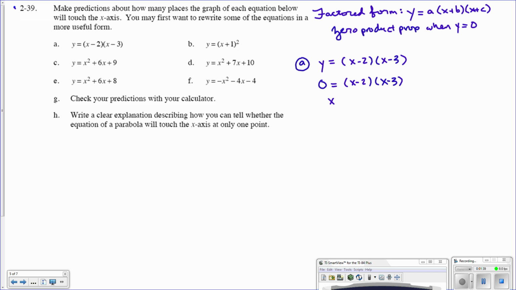We would say that x minus 2 equals 0, and x minus 3 equals 0. So we would get that x equals 2 and x equals 3. So in this case, for A, we would have two different places where our graph would touch the x-axis. So we have two unique points. We'd be crossing at (2, 0) and (3, 0) for letter A.